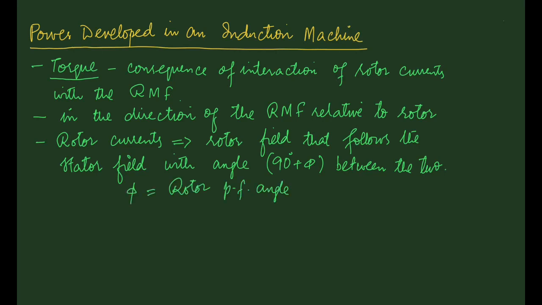So we therefore have a rotating magnetic field on the stator and a rotating magnetic field on the rotor, and we can therefore also think of the torque development as a consequence of the interaction of the stator and the rotor fields.